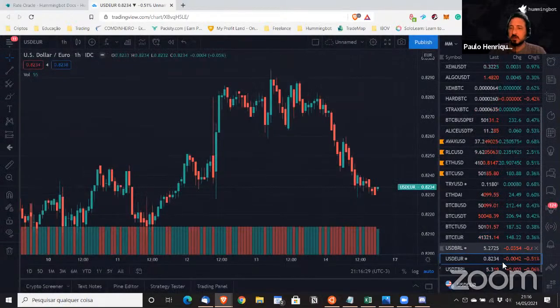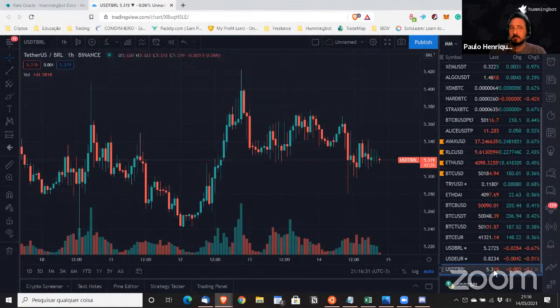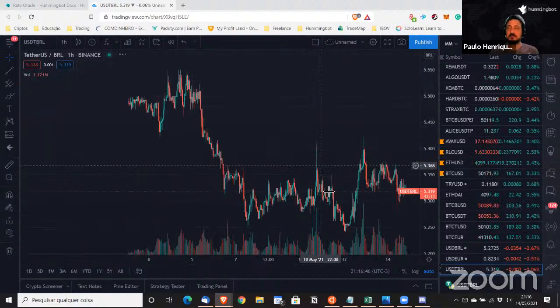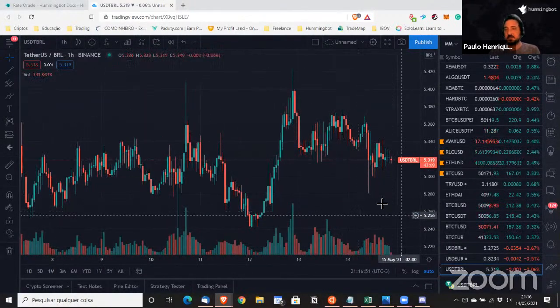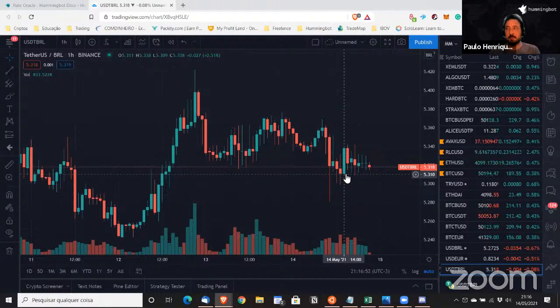Found it. So as you can see here on Binance, that is the one I'm using as the price source, the price here is 5.319. Since Brazilian markets at this time are closed, we won't see much change here, right? But well, Binance is 24 hours, so there are still market trades happening.